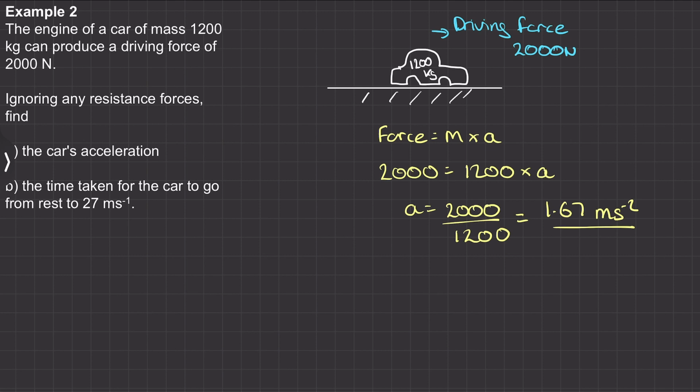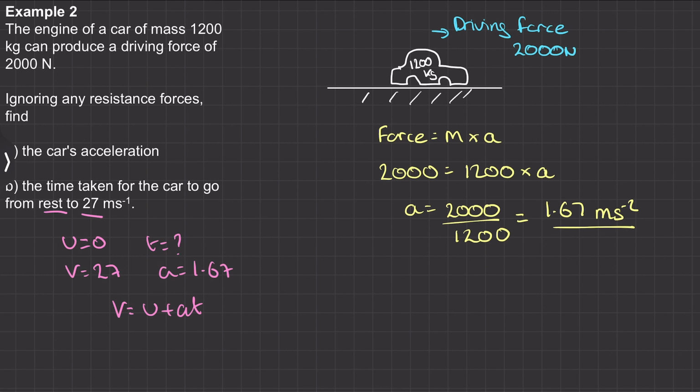So for part B, well, we know because it's going from rest, the initial velocity is 0. We know the final velocity is 27. We want to work out the time, and we've just worked out the acceleration as 1.67. So the formula connecting these four is v equals u plus at.